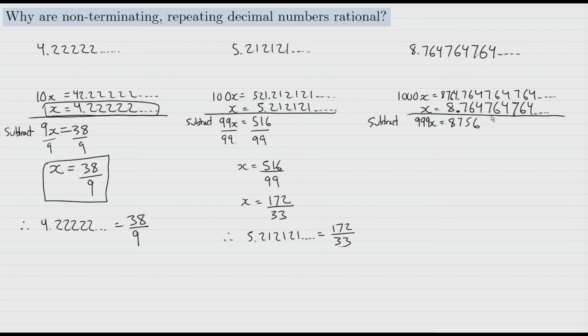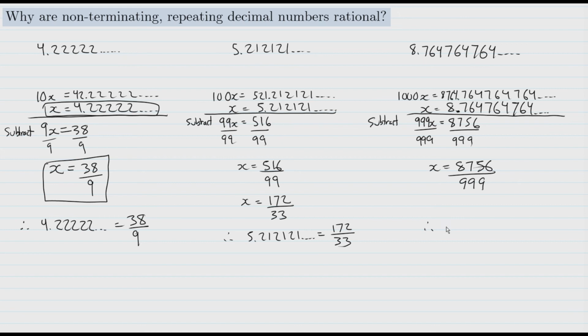And all those decimals subtract off. So x, if we divide by 999 on both sides, we get x equals 8,756 over 999. And there it is, another expression for this number x here, but this time written as a fraction using only integers. So we can see that that decimal we started with is indeed a rational number.